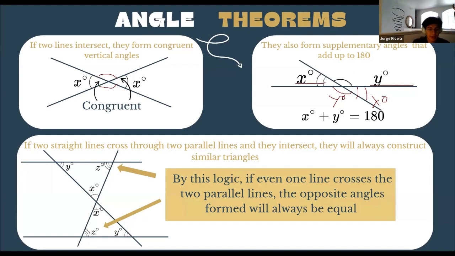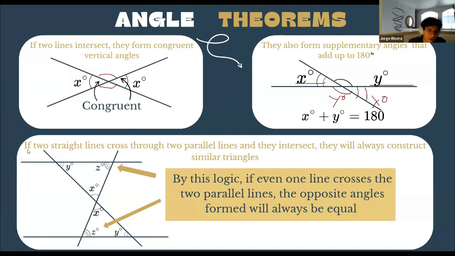That's why when you do a 180, you're just turning around, facing the other way as you turn around the line. So they form supplementary angles that add up to 180 degrees. So x degrees plus y degrees is going to be equal to 180.